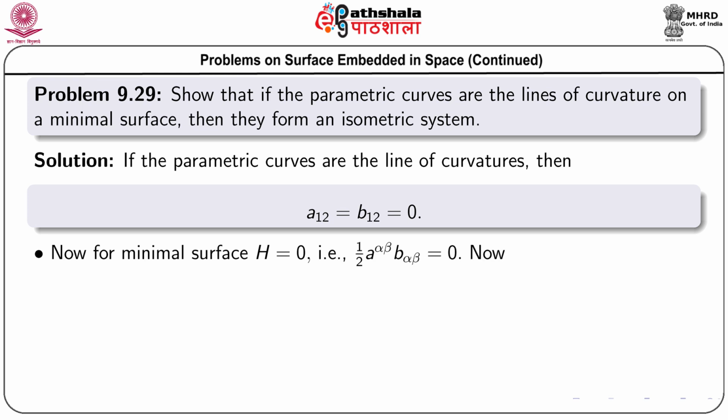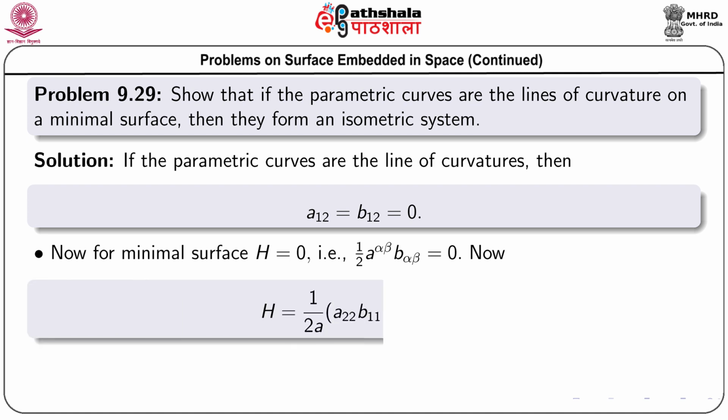Now, also we know that for a minimal surface H equals 0, that means half A alpha beta B alpha beta equals 0. So, if we break this one, we get H equals 1 by 2A, where A is the determinant of A alpha beta, into (A22 B11 plus A11 B22).